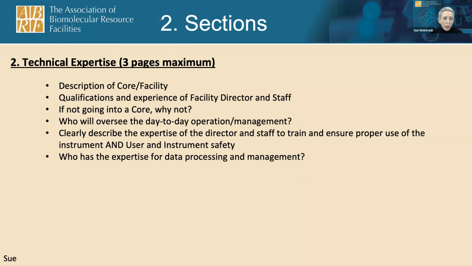Again, I put that in the justification, but the qualification and experience of the facility director and staff is really important, both in their technical knowledge and their ability to handle shared samples. You'll also want to explain if sample preparation is needed, if that's something that's done in your lab or in the core, who has the qualifications to do that.